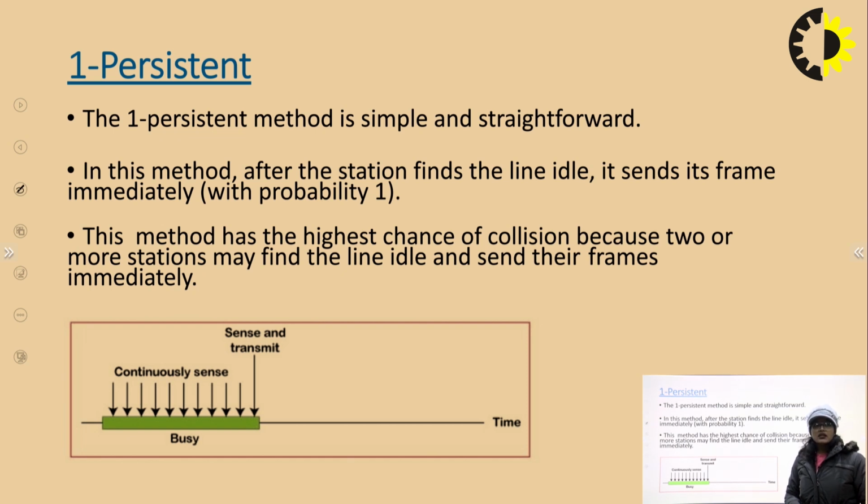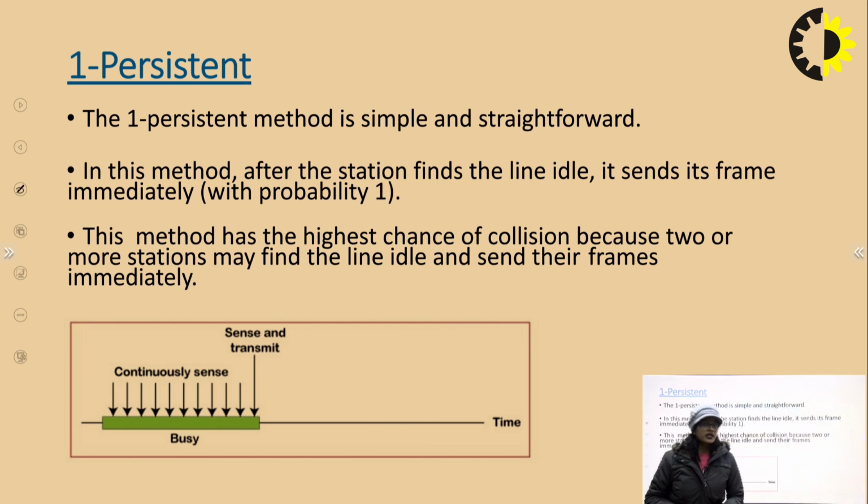In this method, when a station finds the network idle, it can send its frame immediately. That's why the probability of transmitting the data is 1, and on the basis of probability 1, the name is the one persistent method, right?